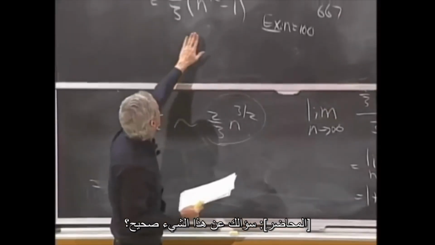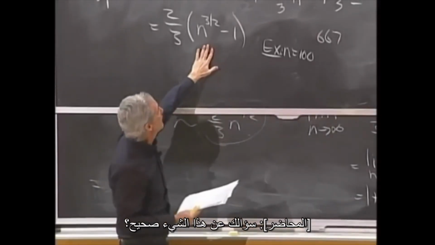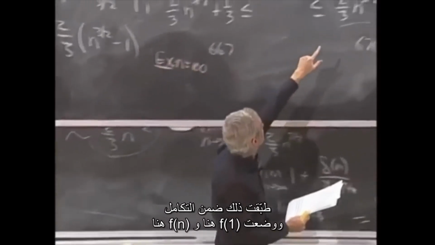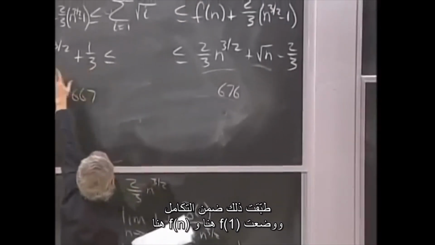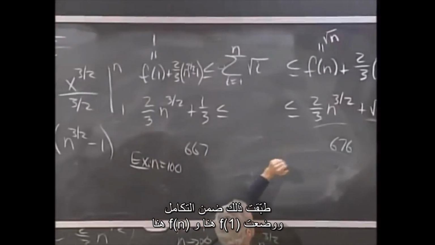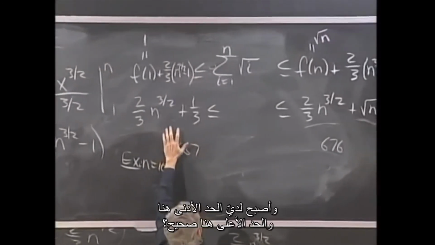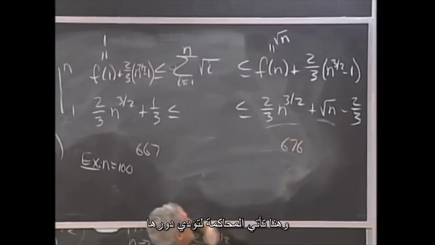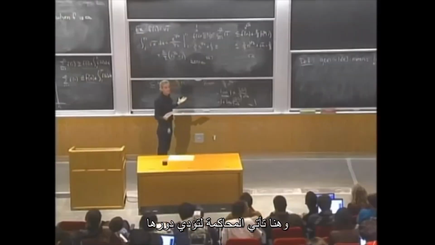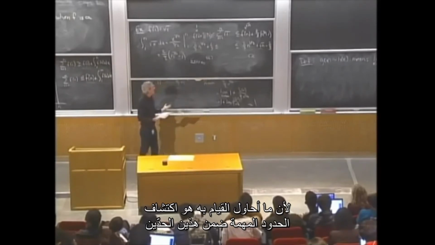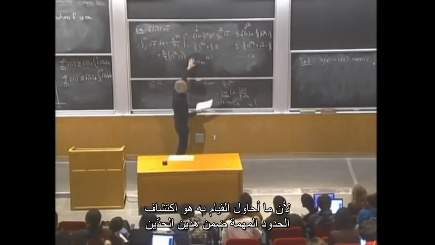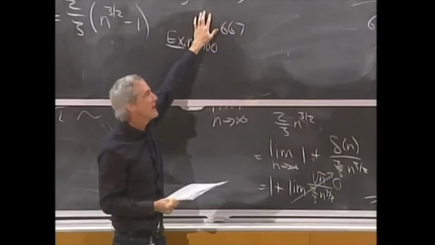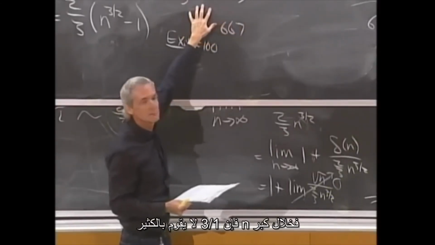Okay, so you brought it up to here, right? Okay, so then I plug that in to the integral. It appears on both sides here, and here I add the f1, here I add the fn. And now I have the lower bound here and the upper bound here. Are you good with those? All right, now some judgment takes place. What I'm really trying to do here is figure out what are the important terms in these bounds as n gets big. How big is this growing as n gets big?